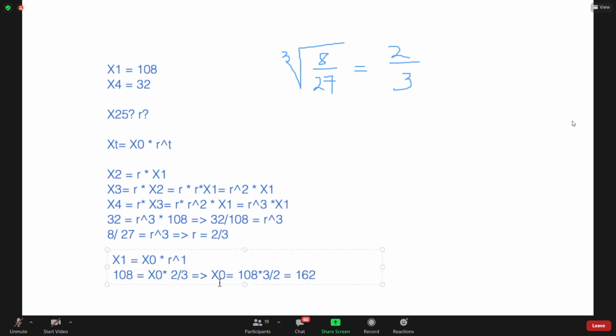This is x0. Now that we have x0, we can go ahead and calculate what they wanted us to do, which is x25. How much is x25? x25 will be x0 multiplied by r raised to the power of 25.